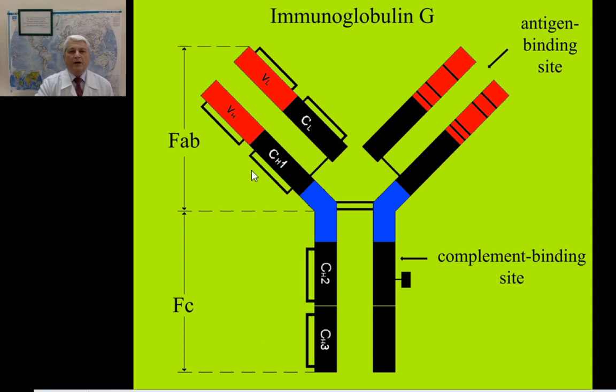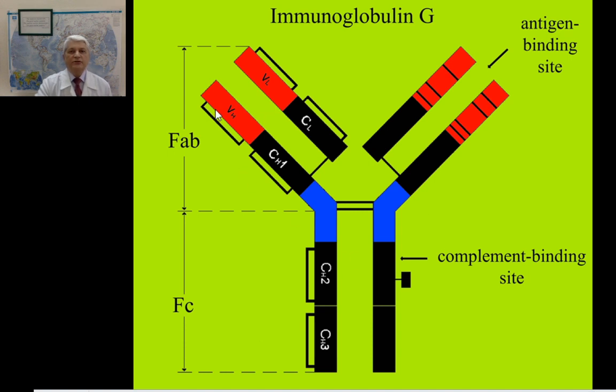Different chains in the molecule are linked with such lines, and these lines show the disulfide bonds. So these are covalent disulfide bonds between different chains.